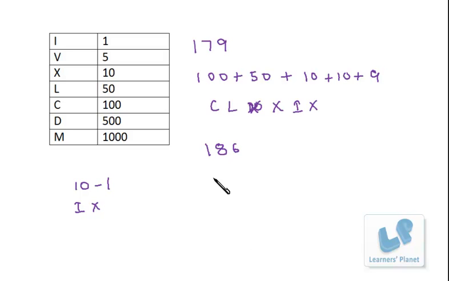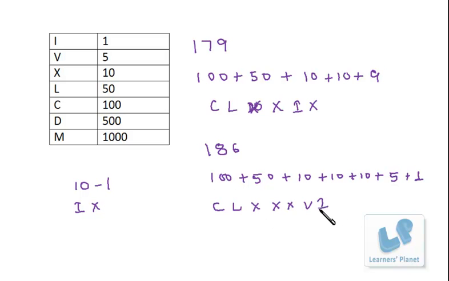So it's further 100 plus 50, that is 150. It's 160, 170, 180, then 85, and then 86. Okay, so 100 is C, then L, then X, X, X, V, and I. Okay, quite simple.